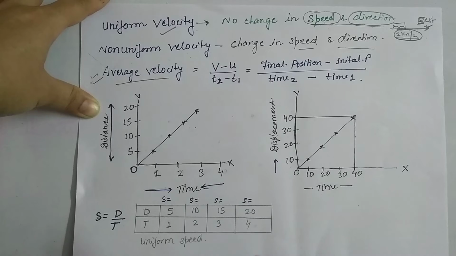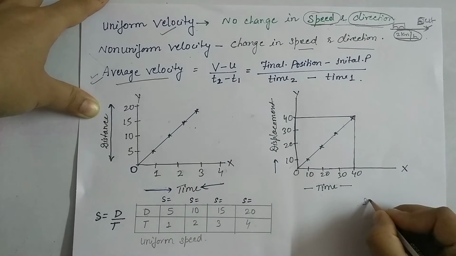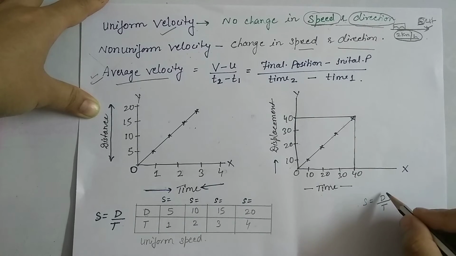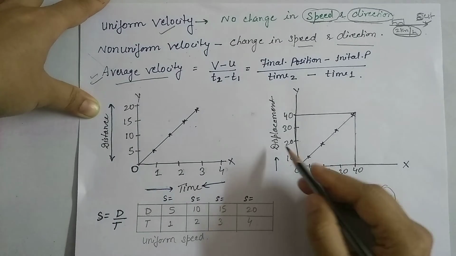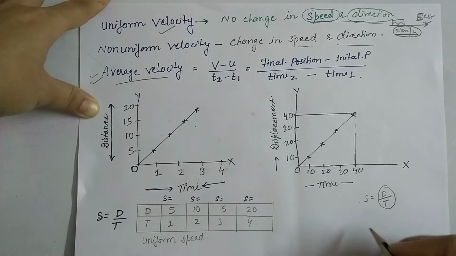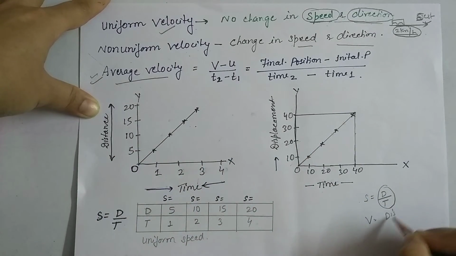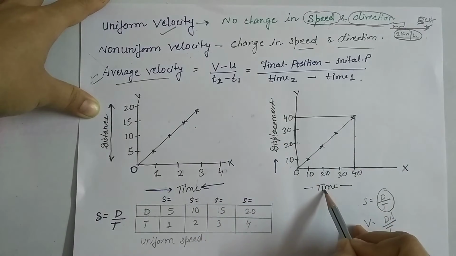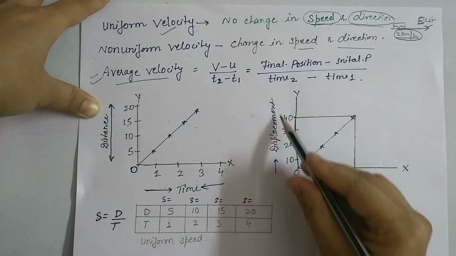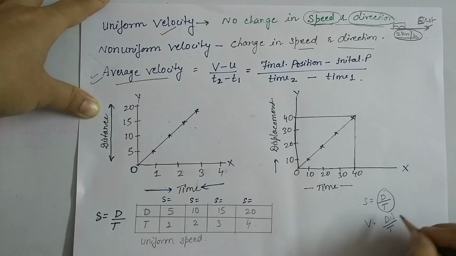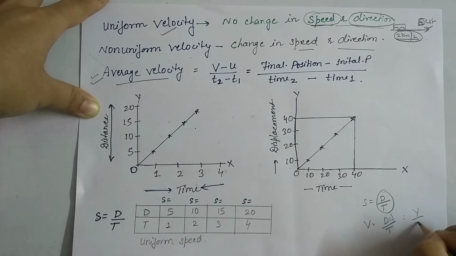We have to understand first that speed is equal to distance by time. So for speed the graph is formed against distance and time, and for velocity it is a displacement and time graph. Displacement is on the y-axis and time is on the x-axis, so y by x.